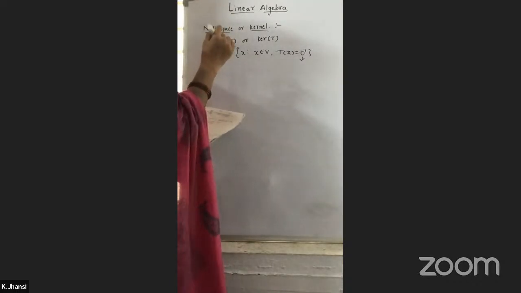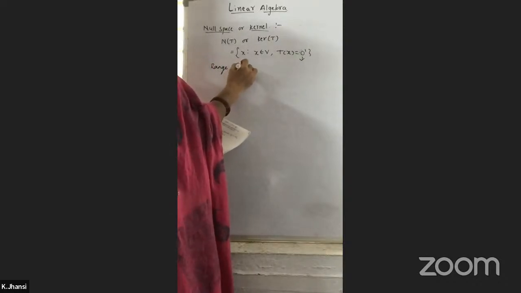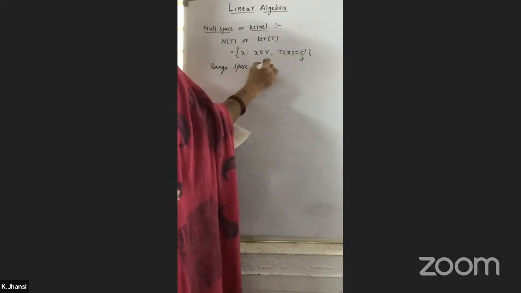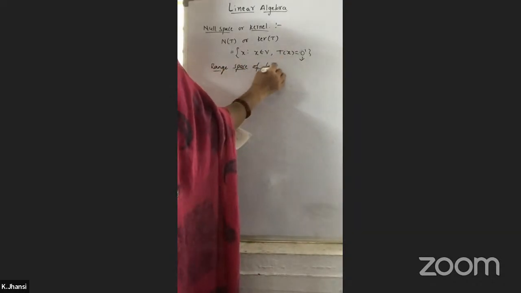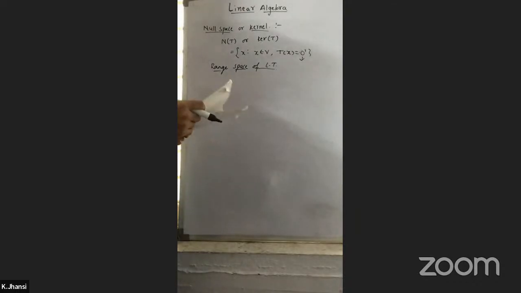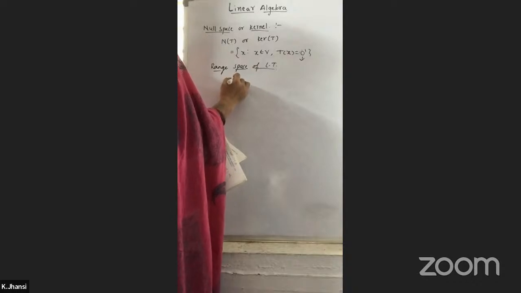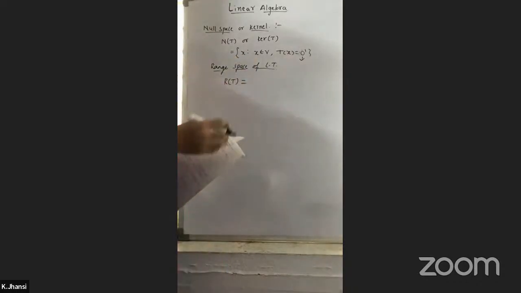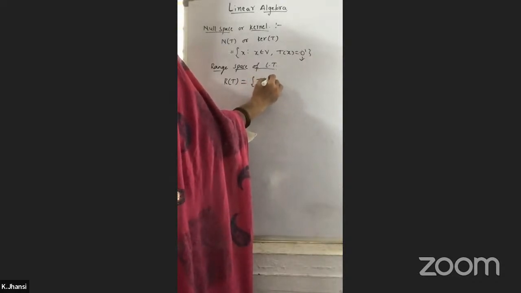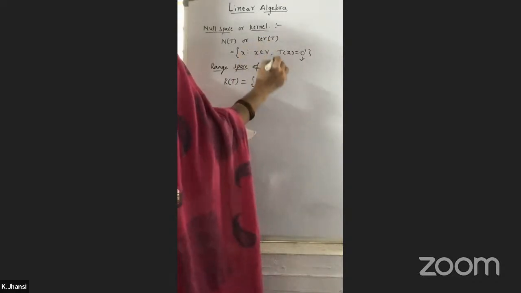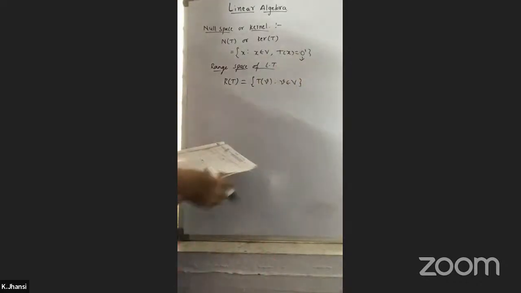Next one is range space of T. Range space of linear transformation, or range space of T. It is denoted as R of T, capital R of T. Okay. So it is defined as T of V such that V belongs to capital V. Okay.